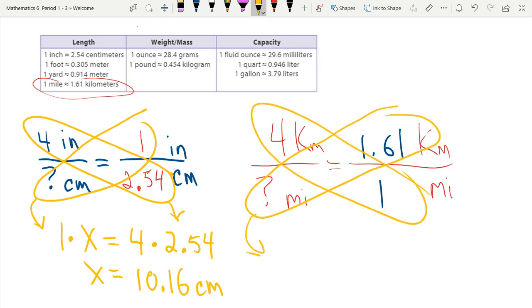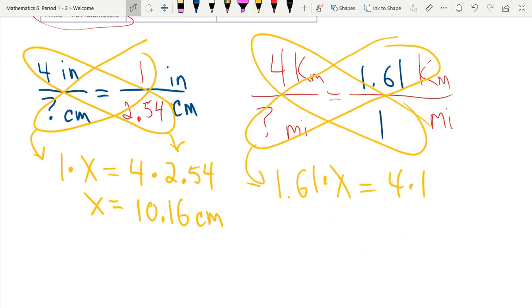Here, on the left side, I got 1.61 times the unknown, and on the right side, I got 4 times 1. 1.61 times x is 1.61x, and 4 times 1 is 4.